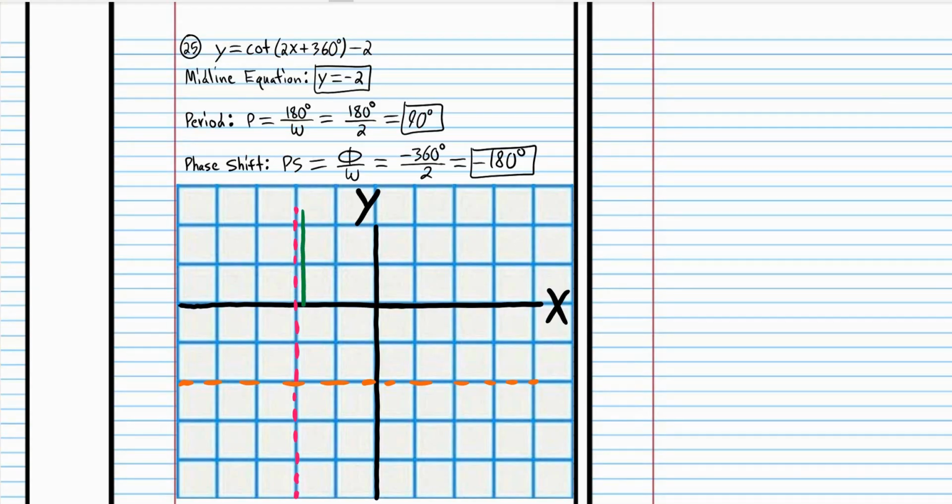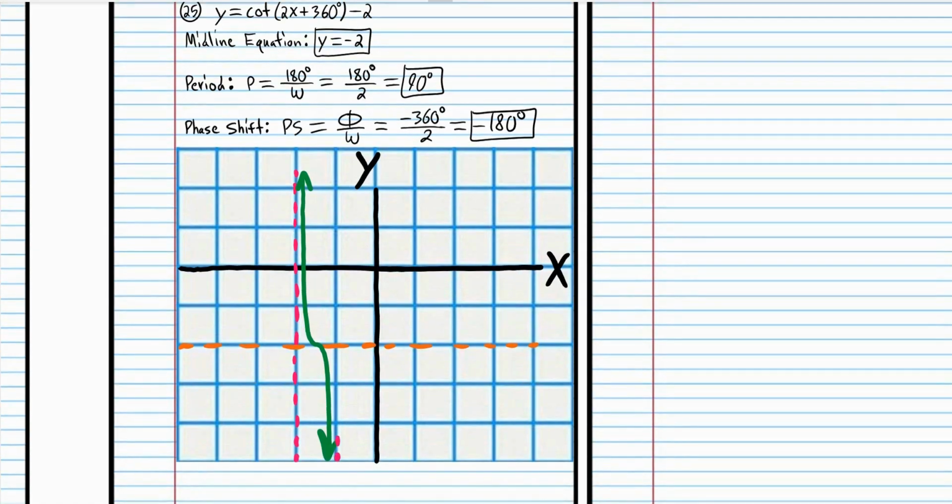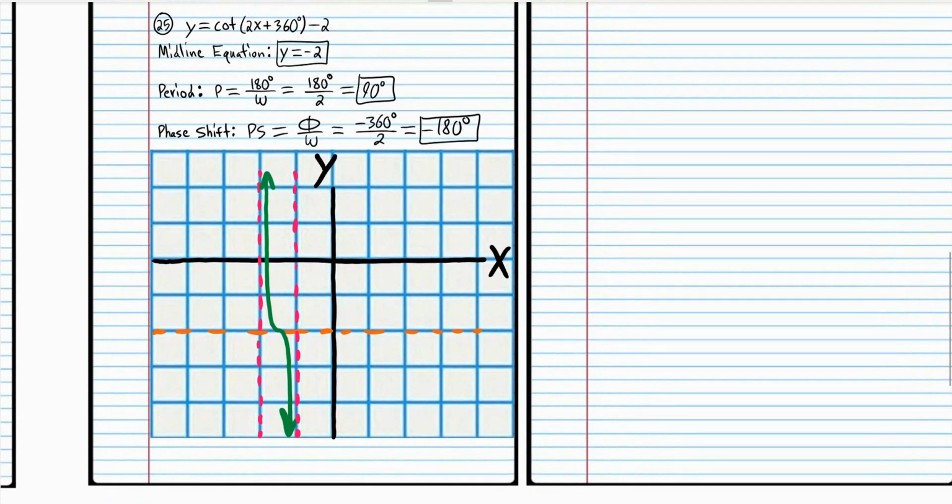So it looks like our graph is going to look something like this. There's a complete cycle in one box, and that means that there's going to be an asymptote on every vertical line in the grid. So again, you only have to draw one cycle. So that is one cycle.